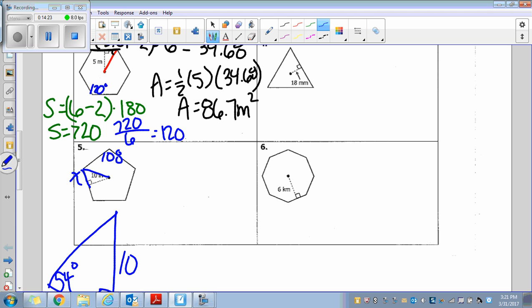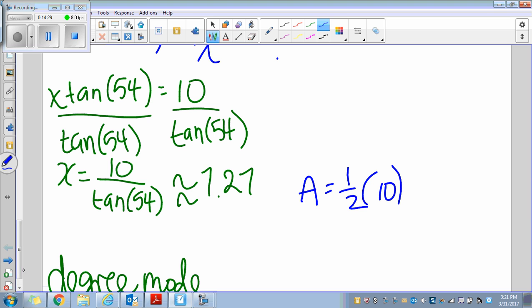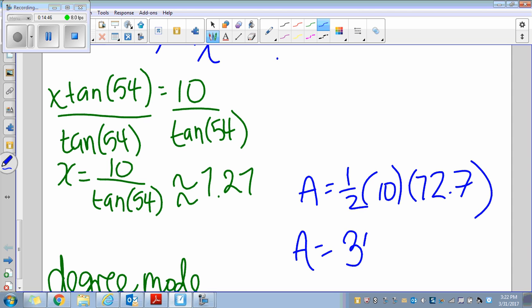So I double that to get the whole length of the side, and then I multiply that number with 5 to get the whole perimeter, which is 72.7. So we know the area is equal to 363.5 inches squared.